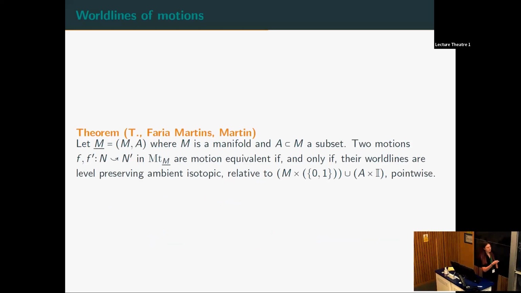But what we prove in the paper is a much stronger result, that we can write down the equivalence relation in the motion groupoid completely in terms of what we call level preserving ambient isotopy of their world lines.